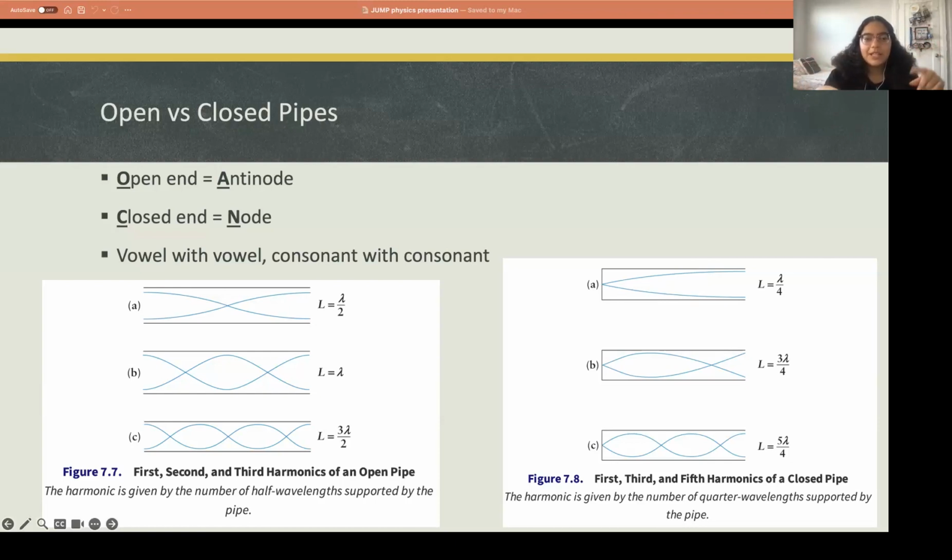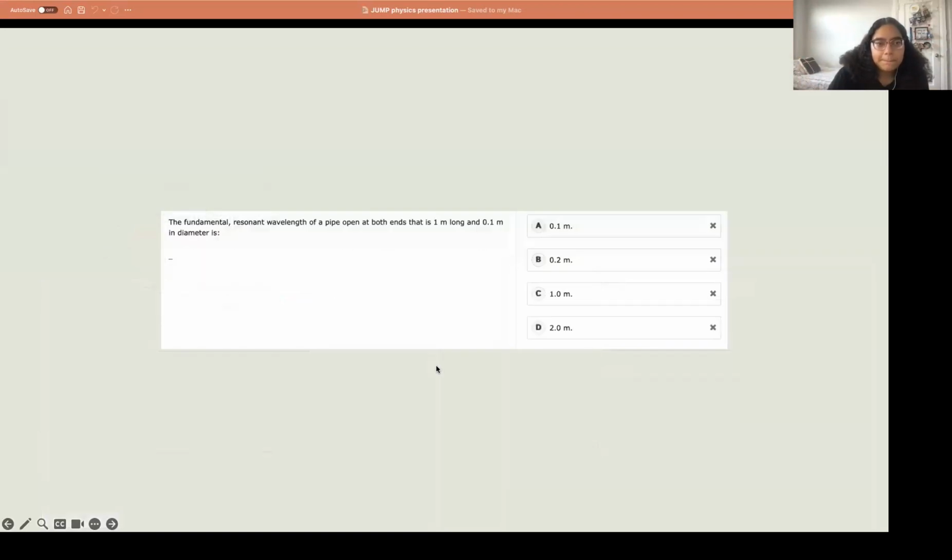And then the next way would be up to down to up again. That's your second. For the closed pipe also, the simplest way to go from a node to an antinode is to just go up or down. So you can kind of think of it that way as well if the fractions are harder. The first harmonic is always just the easiest way to fulfill those conditions.